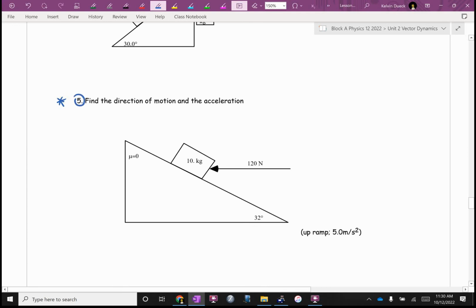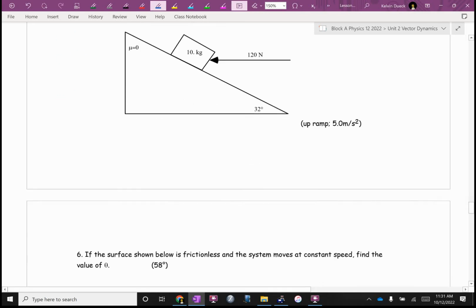Your hint for number 5 is I think you're going to want to take this 120 and find its parallel and perpendicular components. And unfortunately, my stupid trick of two lines won't work for that one. You'll have to do a little trig. Star next to it means, again, it's tougher than I'm going to ask.